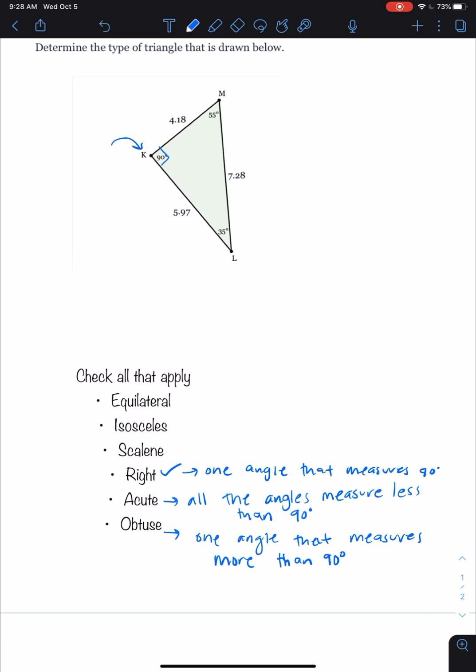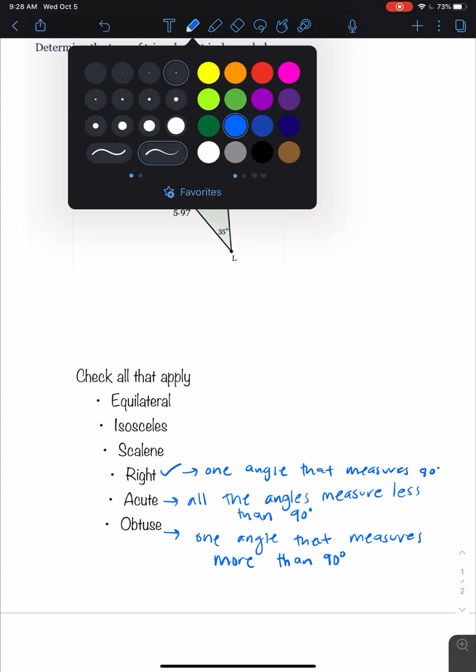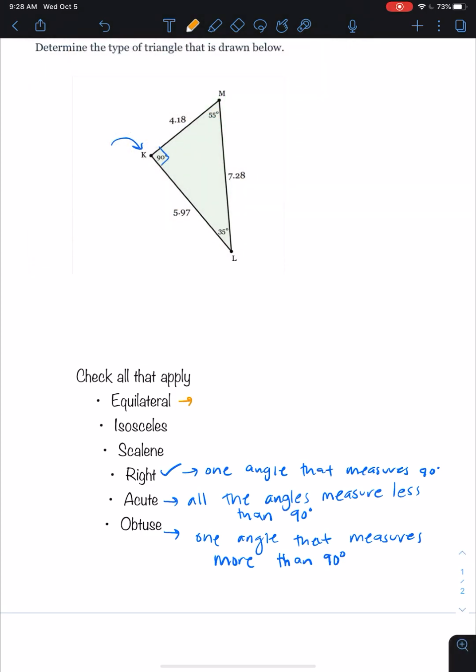All right, additionally, we have options between equilateral, isosceles, and scalene. For this triangle to be equilateral, all the sides and angles would have to be congruent. In an isosceles triangle, two sides and angles are congruent.